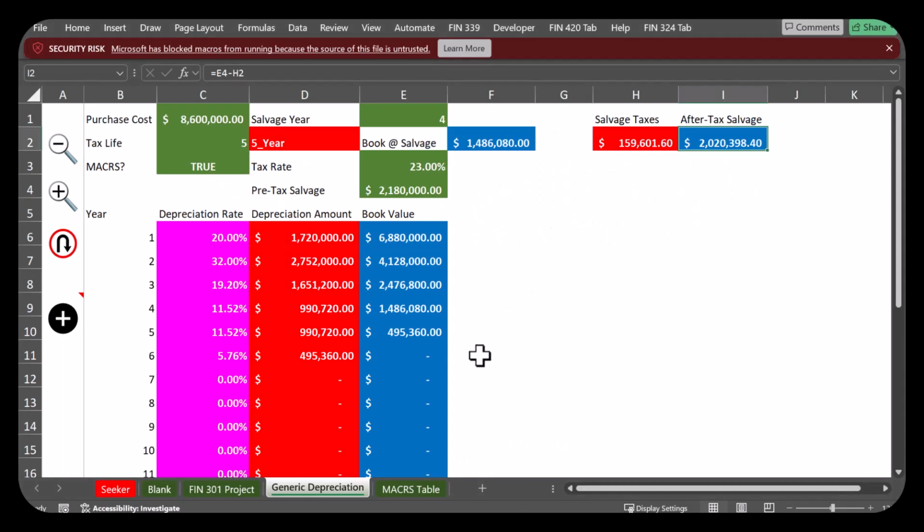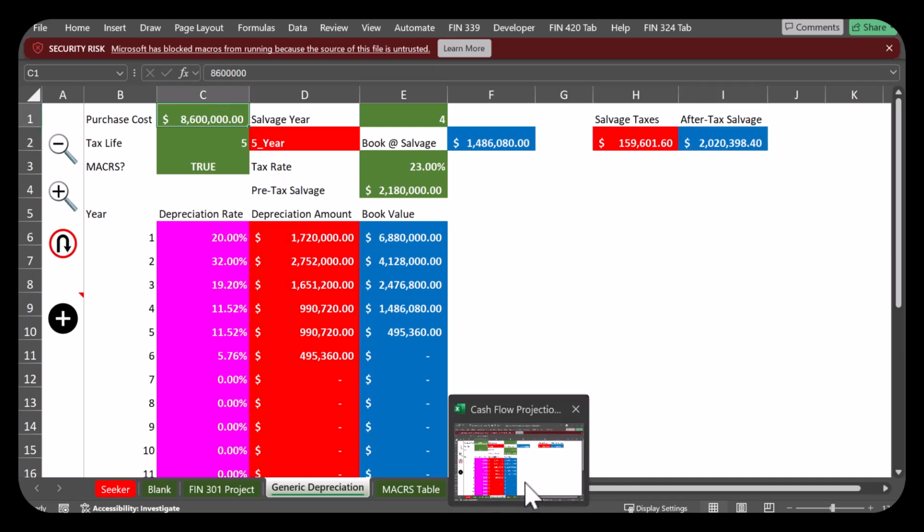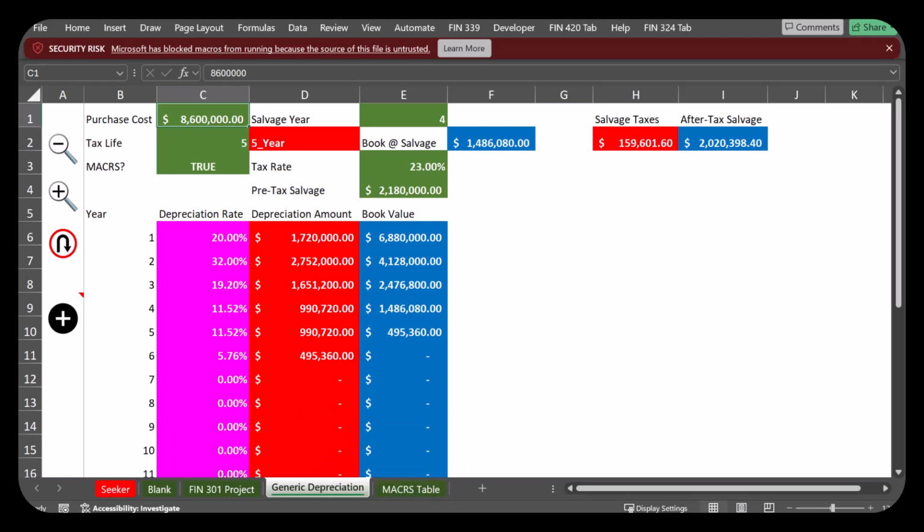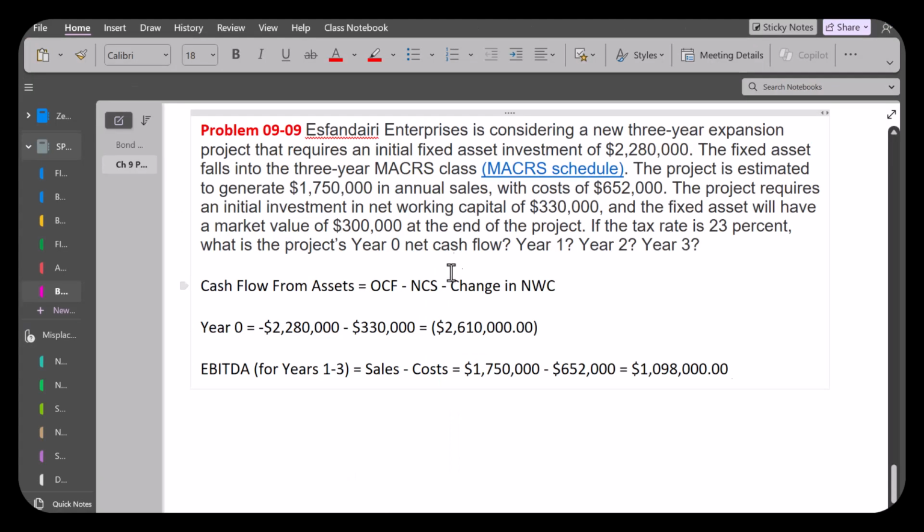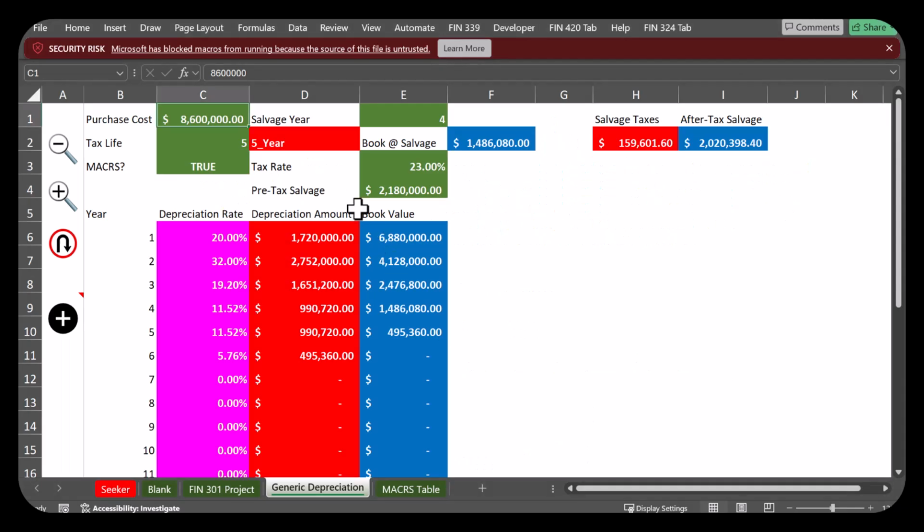Let's go to our template. The purchase cost of the asset is 2.28 million. Tax life is 3 years, and it is indeed MACRS.